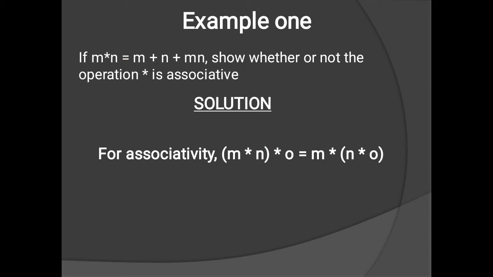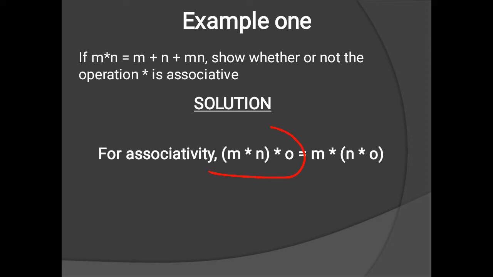All right, so for associativity, (m operation n) operation o should be equal to m operation (n operation o): first 2 in one parenthesis, and then the last 2 in another parenthesis on the other side of the equation. If they are the same, then we will say that it is associative. If they are not the same, then it is not associative. So how do we do that?